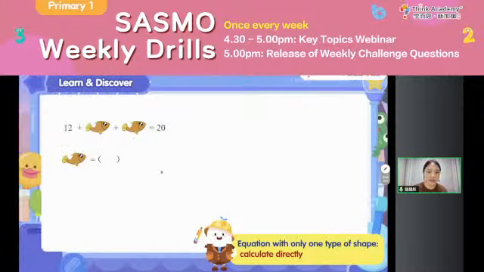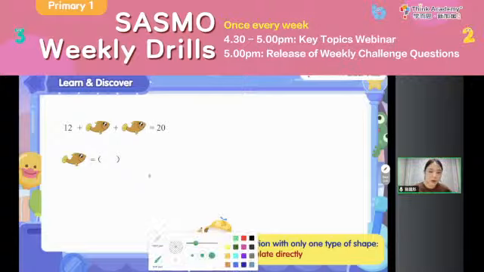So everyone, right now, let's start from some basic things. Firstly, if we know that in each question, the shapes are the same quantity, that means they represent the same number, then how can we solve the problem?